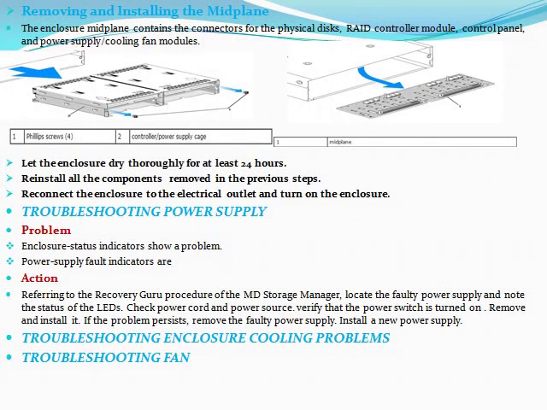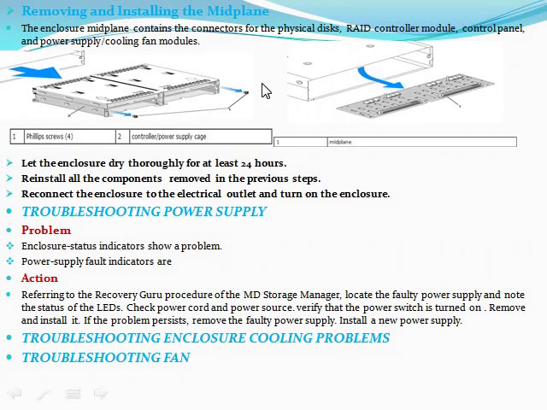Now, how to remove the midplane of the enclosure. The enclosure midplane contains the connectors for the physical disk, RAID controller, control panel, and power supply module. For that we have to remove all those components.